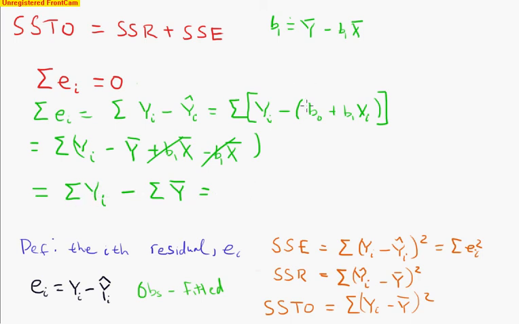The first is just n y bar, and similarly there are n observations, with no i here, so we can rewrite this as n y bar, and this is equal to 0.